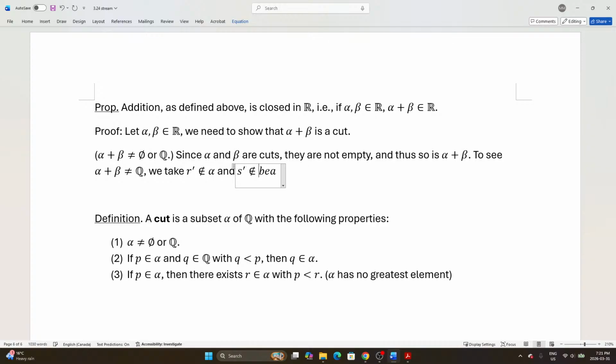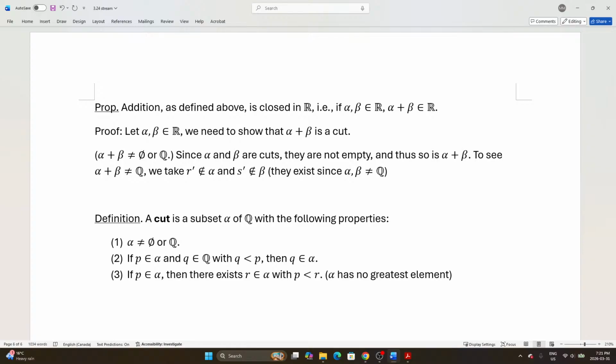So that's what we're picking. They exist since alpha and beta are not the whole of Q.